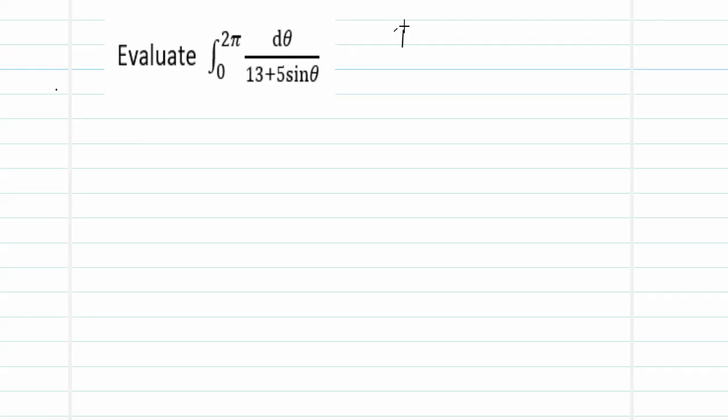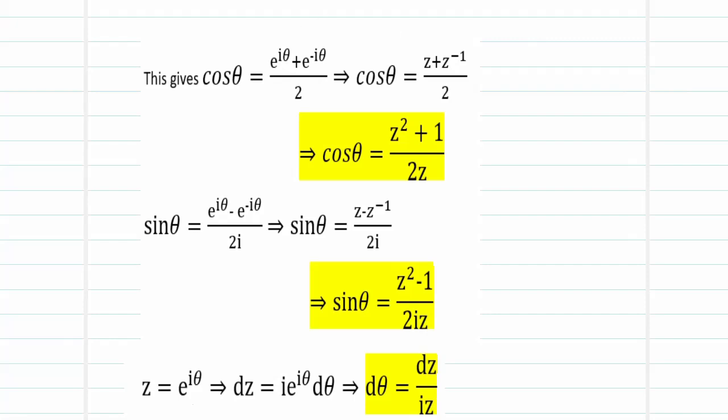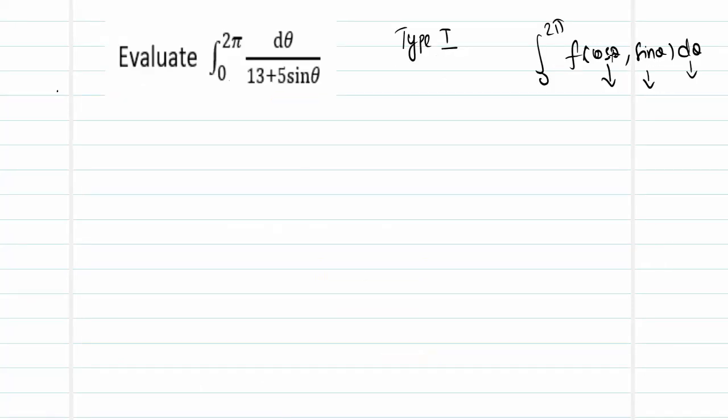This represents a type 1 problem of a real integral, where I have an integral from 0 to 2 pi of a function of cos theta and sin theta with respect to d theta. I have my conversions for cos, sine and d theta ready from the previous slide, so I will substitute them and convert everything into a function of z.